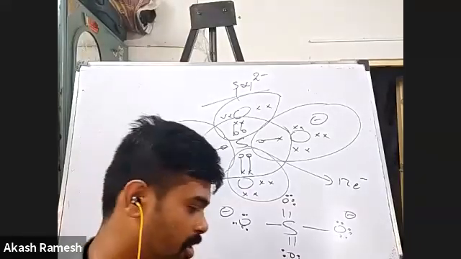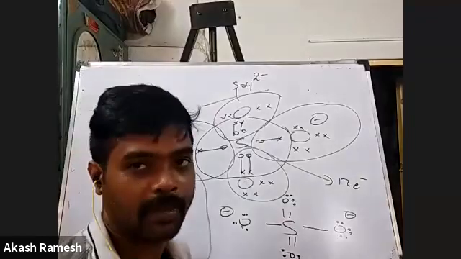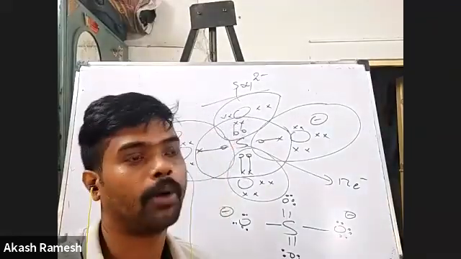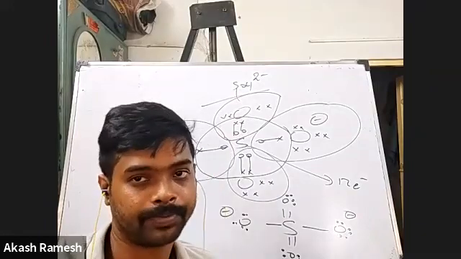How do you find out what atoms should be in the center, sir? Like here, sulfur. Very good question. I have to choose the element like this. In covalent bonding, I need to go for sharing of electrons, isn't it?